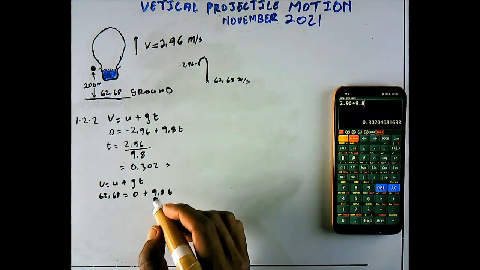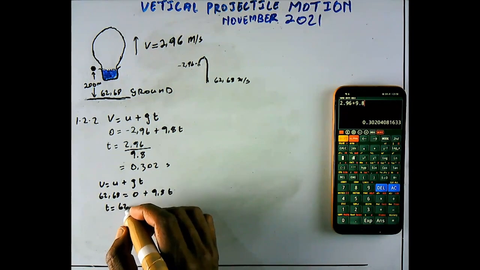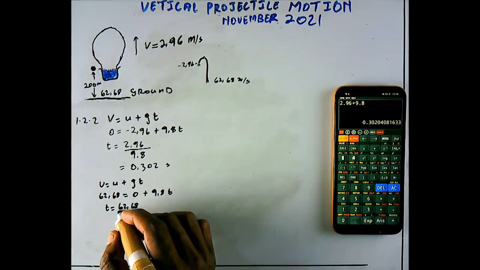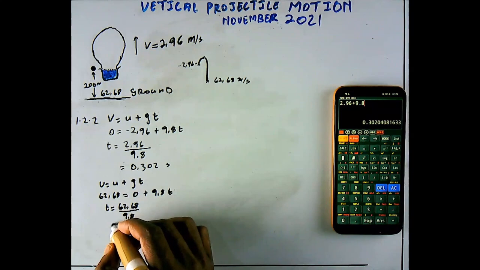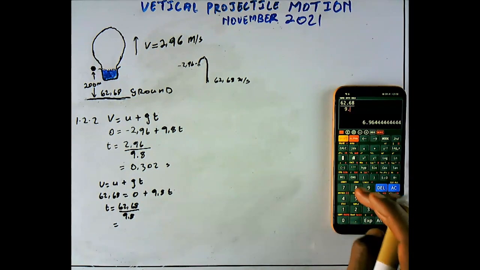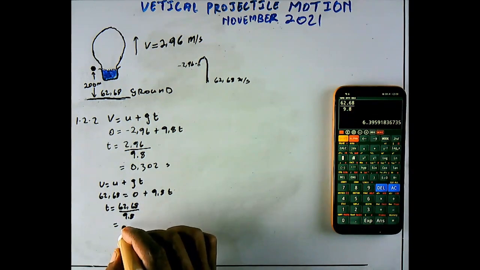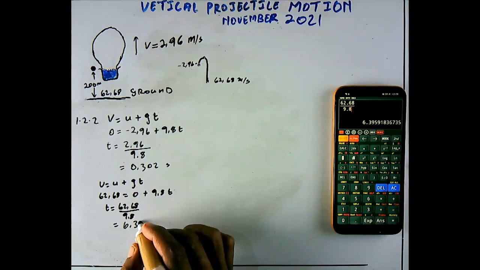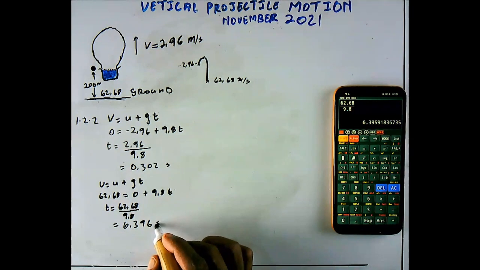And then t equals 62.68 divided by 9.8, which is equal to 6.396 seconds.